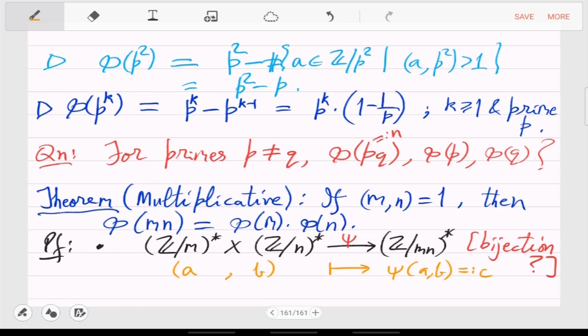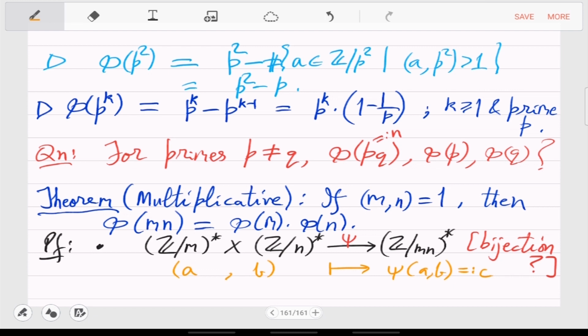So if you by chance took B to be A inverse, then A times B will become 1. So many pairs will map to 1. So clearly that is not a bijection. So you have to do both. You have to multiply these with something and then you have to add so that it's complicated enough so that there is nothing bad happening.